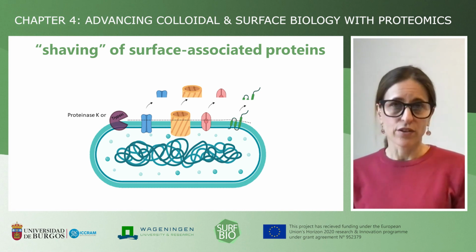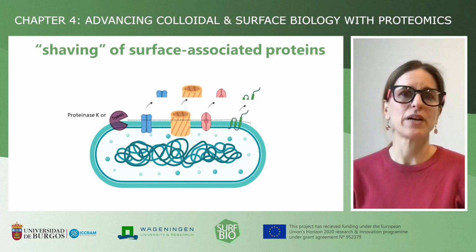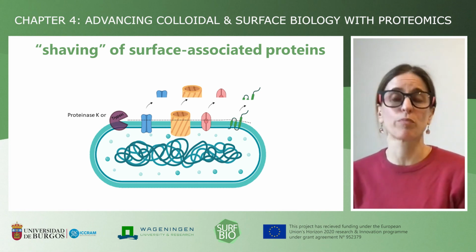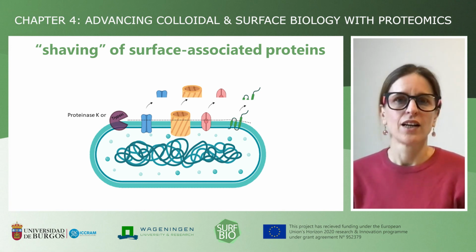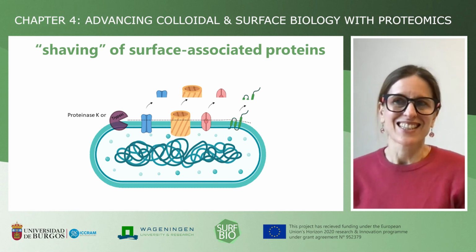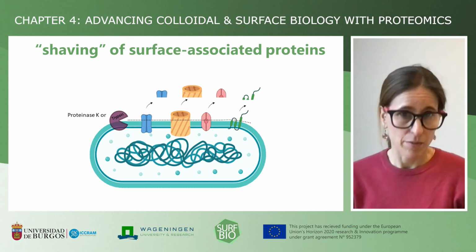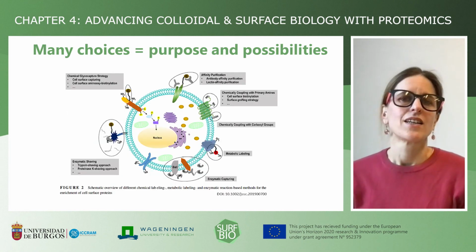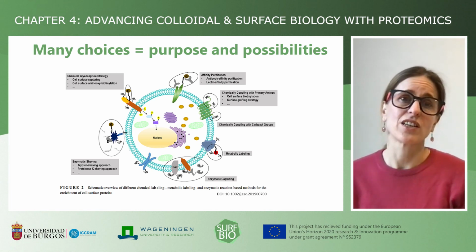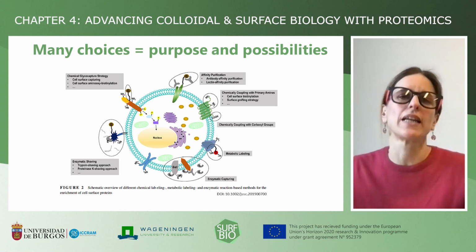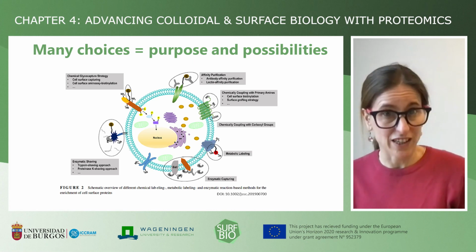There are many methods to select for surface proteins, the easiest of them being shaving the cell surface with proteases, such as proteinase K and trypsin. Trypsin being the same enzyme we normally use in digesting proteins in a proteomics pipeline. This figure summarizes all methods available, but the take-home message is that none of them will give you a complete picture, but using a combination might be more advisable.